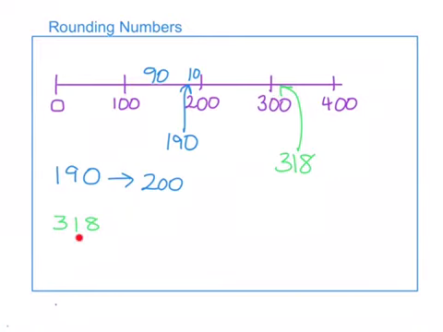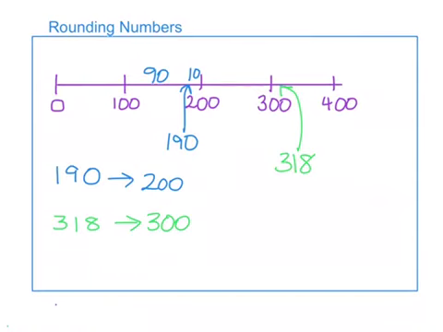So I can't round my number up. It's going to stay down at 300. Even though the 8 is a high digit, that's only in the units, and I'm dealing with hundreds here, so the units are very, very small. So 318, it's going to round down to the 300 because that 110 isn't strong enough to push it up to 400. So 318 would become 300.